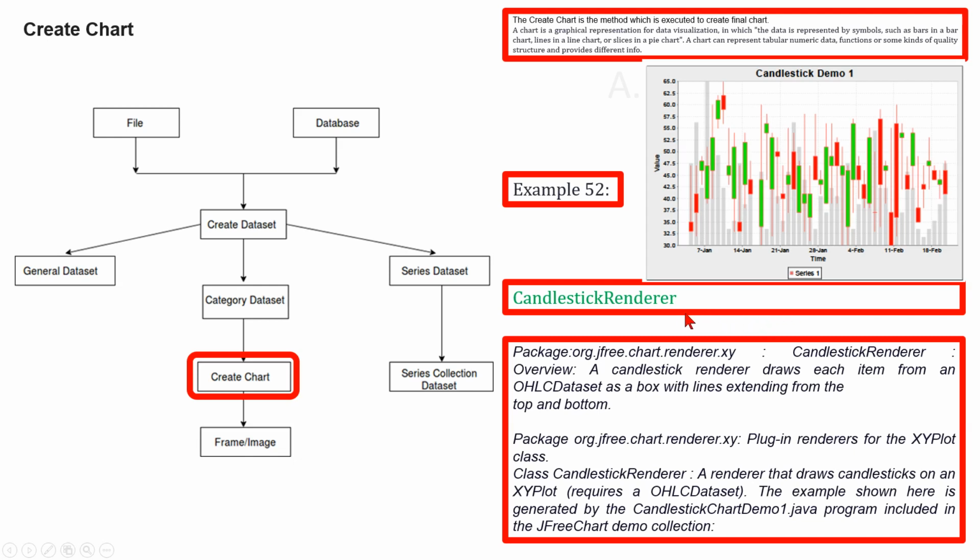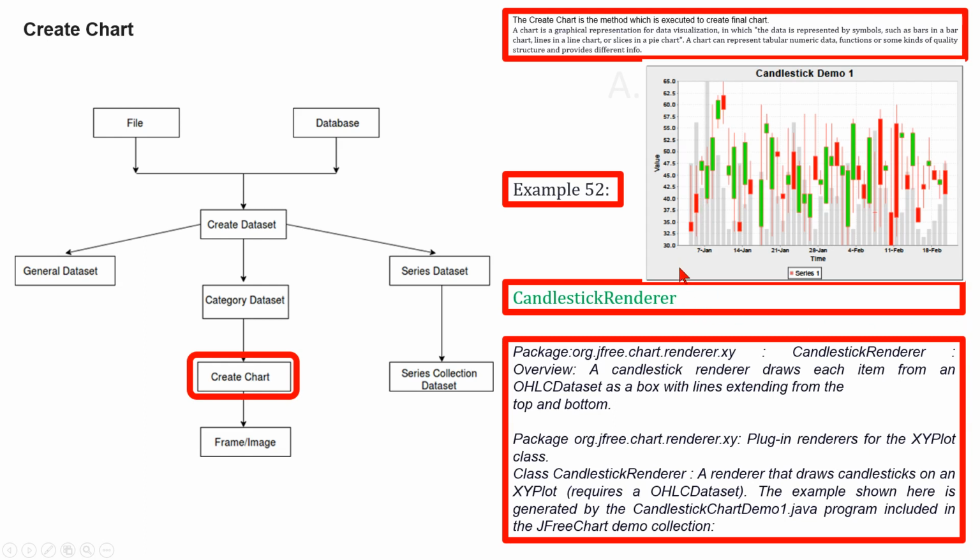Overview in candlestick renderer in package org.jfree.chart.renderer.xy. A candlestick renderer draws each item from an OHLC dataset as a box with lines extending from the top and bottom. The package org.jfree.chart.renderer.xy: plugin renderers for the xy plot classes.